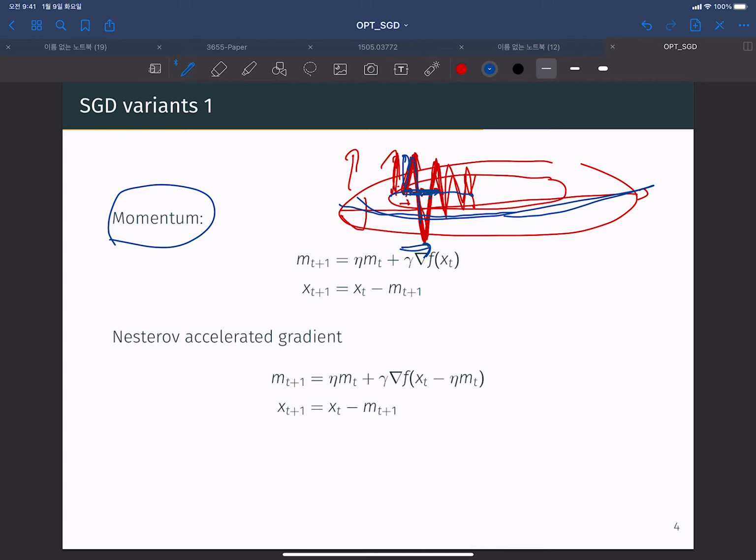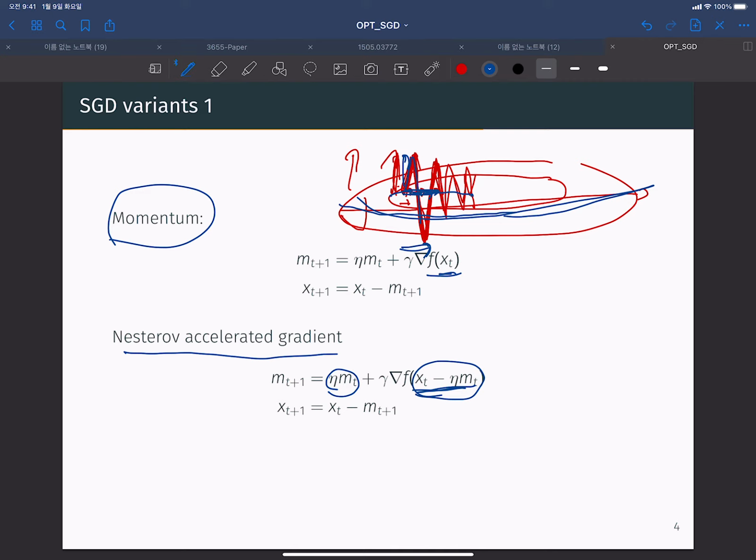And as we discussed earlier, Nesterov accelerated gradient descent and the momentum method are very similar. They are pretty much the same, except for this point. The momentum method computes the gradient at the previous time slot parameter vector, but the Nesterov accelerated gradient method first moves with your past history and then computes the gradient.